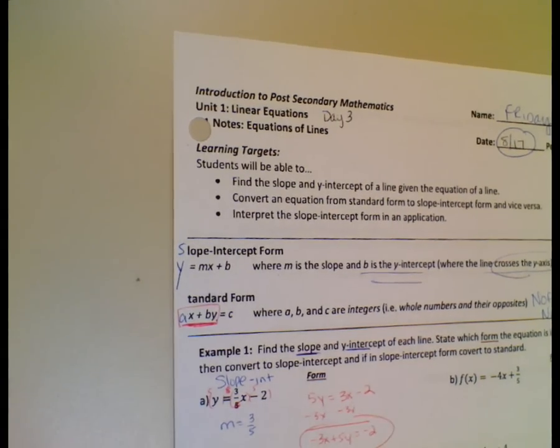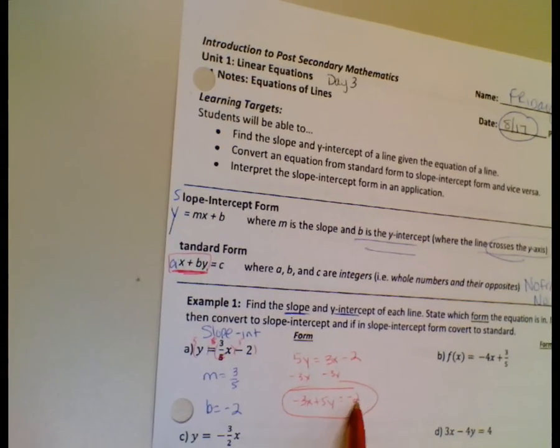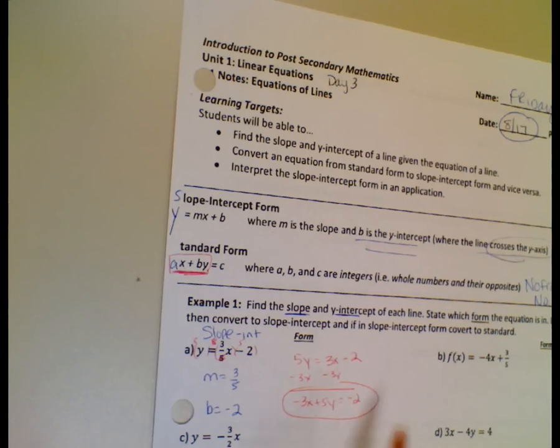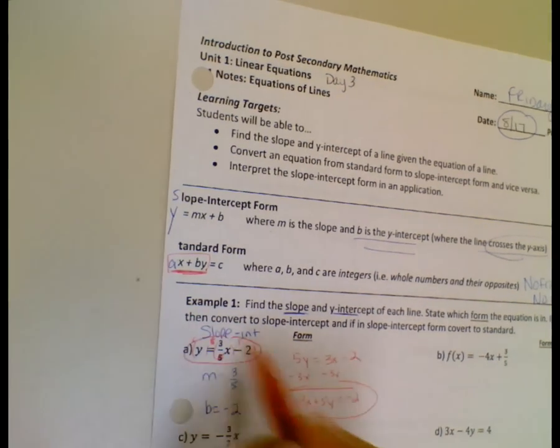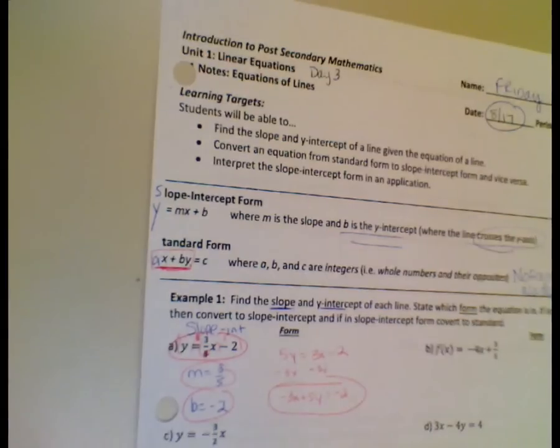That's in standard form. See how x and y are on the same side? And the constant's over here by itself? That's standard form. So this is standard form. This is slope-intercept form. They want both forms. And they also want you to tell me the slope and the y-intercept. So, lots of things there.